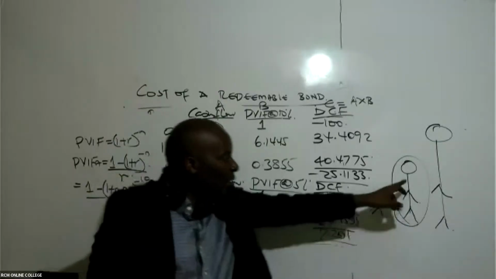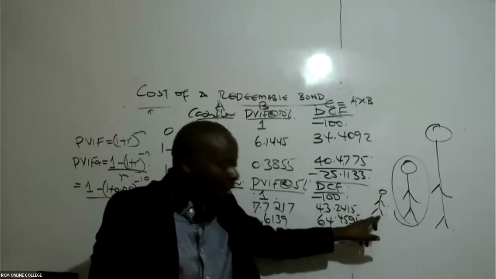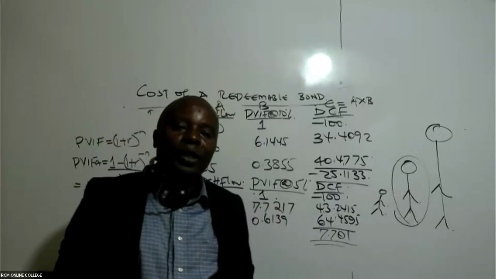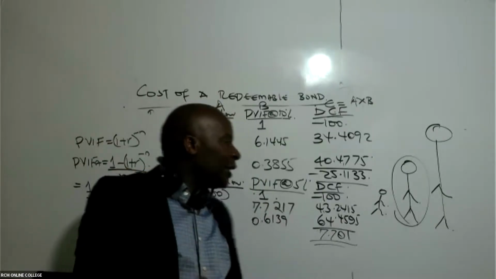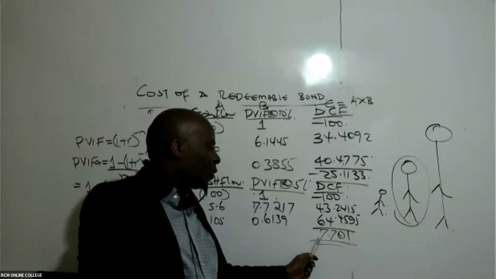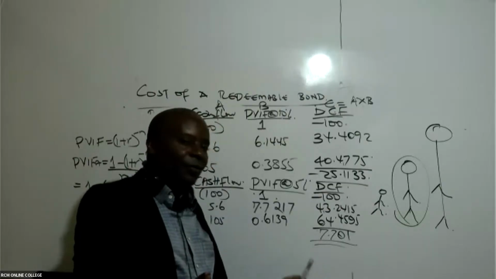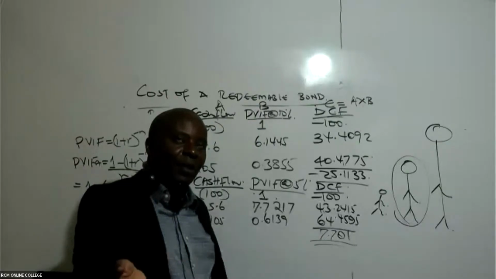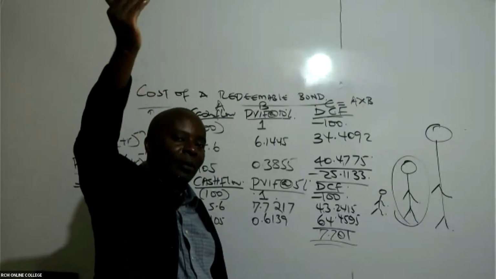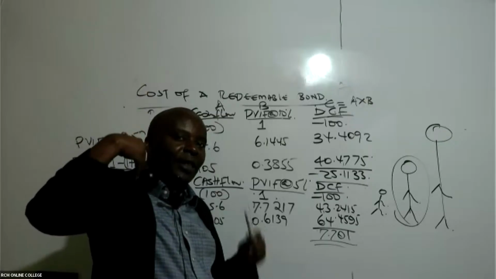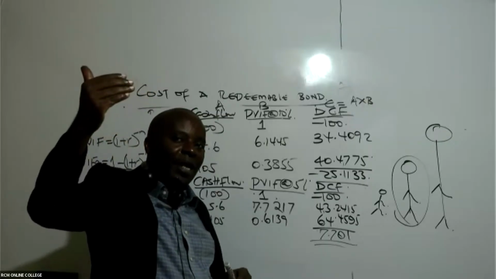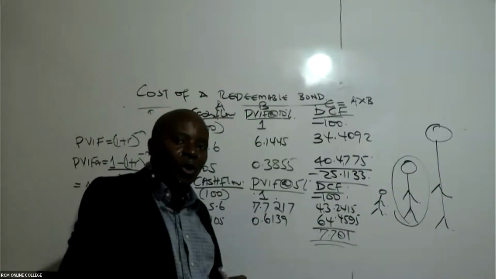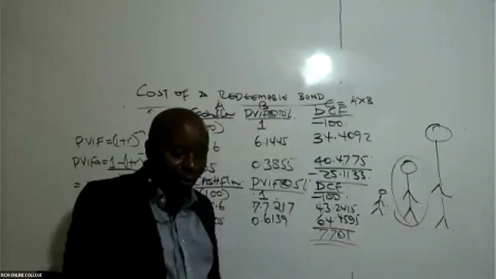If you started with 7.701 positive, then I go for a higher cost of capital. But if I start with a negative NPV, then the next one, I have to lower my cost of capital to get a positive.